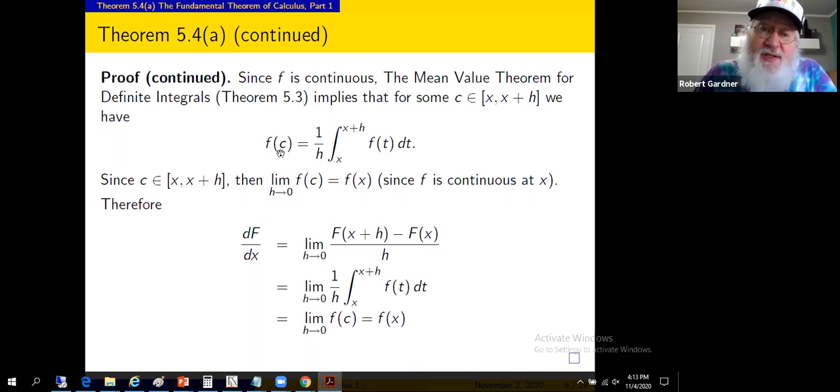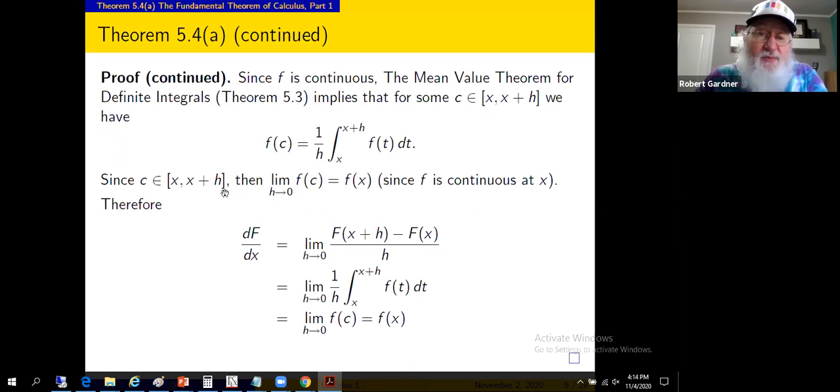If h changes, then the c parameter will have to change as well. We're actually getting some kind of function of h, which will matter in a second because we're going to take a limit. All right, c is between x and x plus h. When h changes, in particular, when h approaches 0, then this c value is going to have to approach x. As h gets little, this is an interval that runs from x to x plus h.